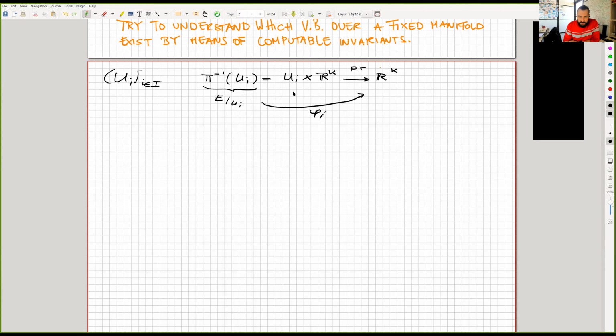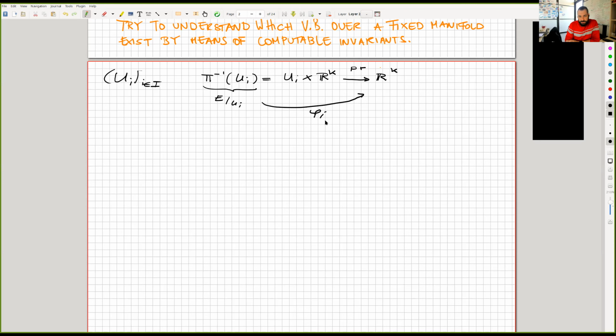I'm sorry that maybe it's not very good. My handwriting here differs from before because I'm using a different system now, which I'm not used to, and that's why it looks a little bit bad. So you have here this map, and you know this map on the fibers is injective, it's just a projection here, right?